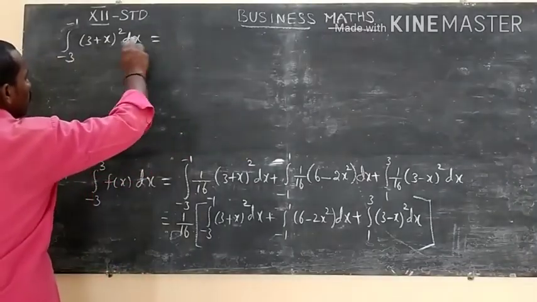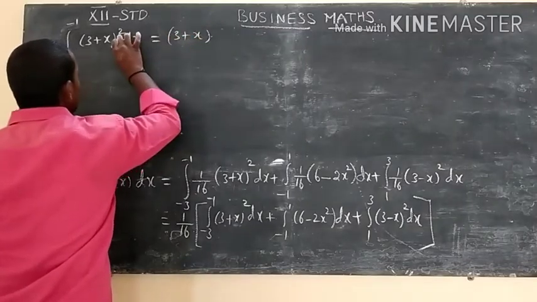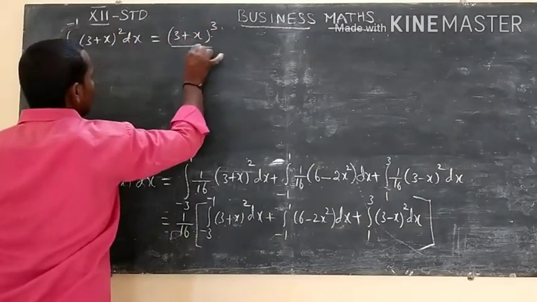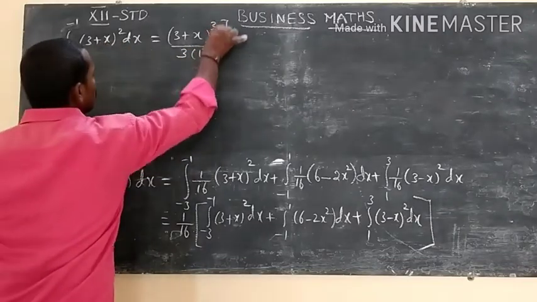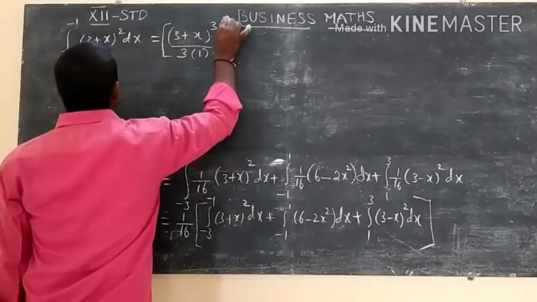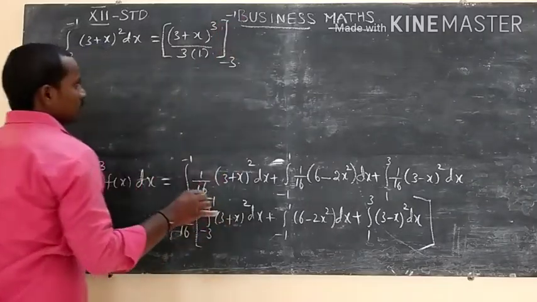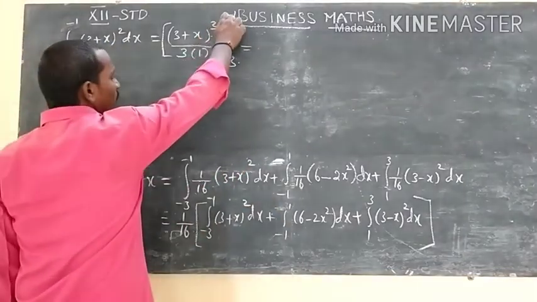So 3 plus x whole power n plus 1, 2 plus 1 is 3, divided by 3 into the coefficient of x, this is 1. Okay. So for the limit values minus 3 to minus 1, apply the limits: upper limit minus lower limit.